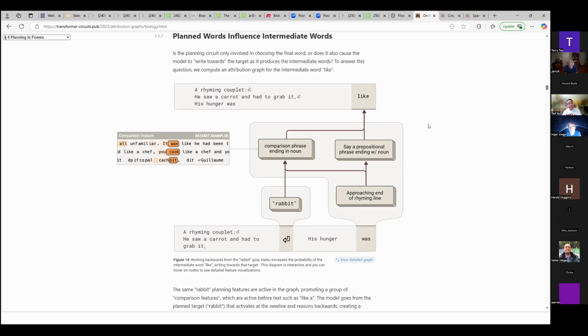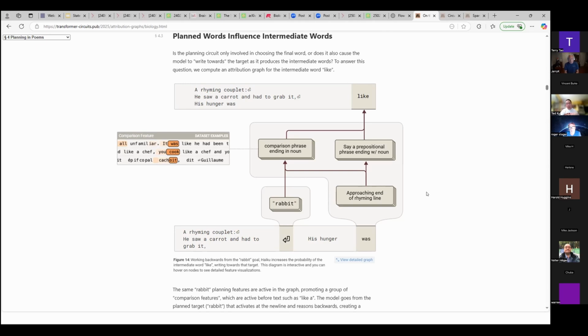It's not a super strong argument, and because of time I'm not going into the gory details. I'm waving my hands a little bit. But my oversimplification of this computation graph is that it's saying think of grammatical things that might help me get to a sentence ending with the word rabbit. That's what it's really doing, which is wicked cool. I really love it.